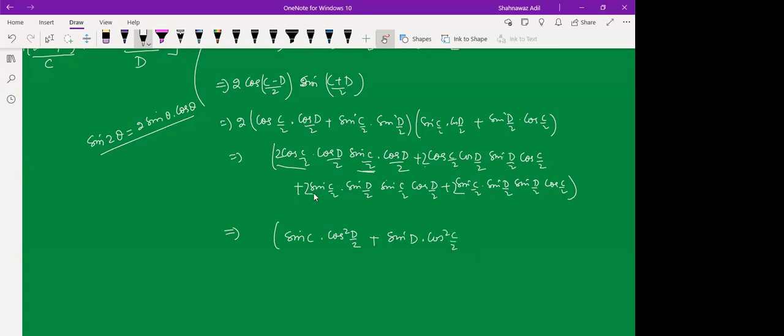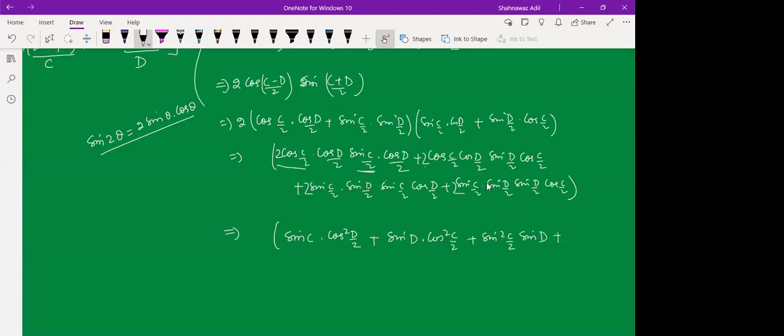And then plus we have 2 sin(C/2) sin(D/2) cos(D/2), so again this is sin C, and we have sin²(D/2).